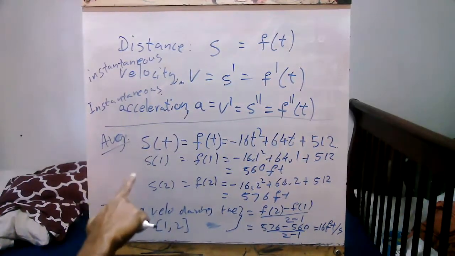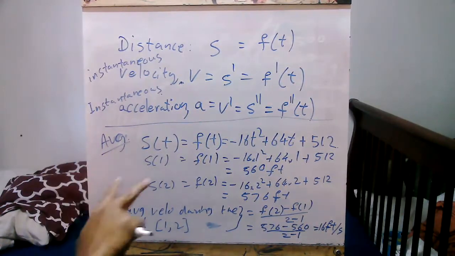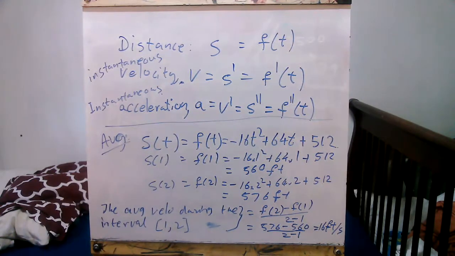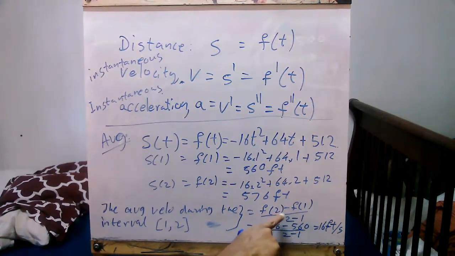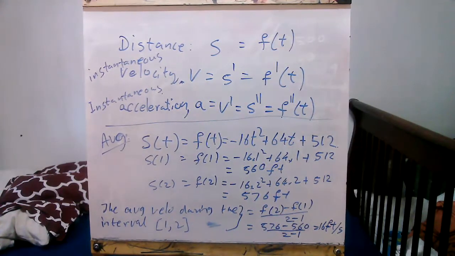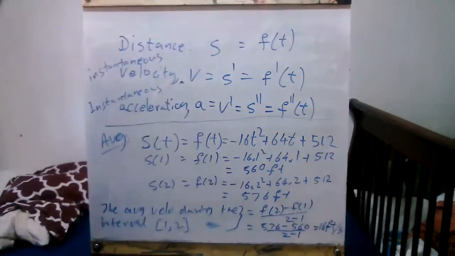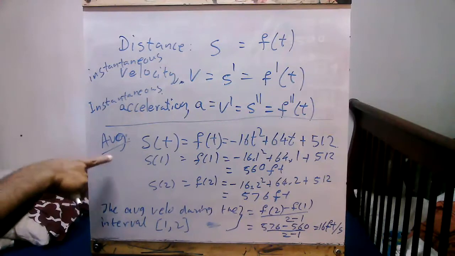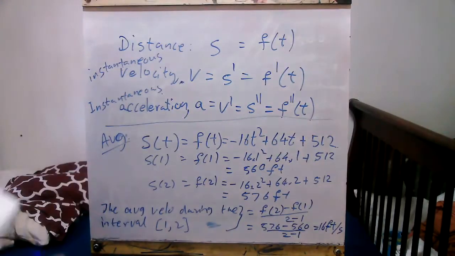The average means the average between two instances: you get the difference between those velocities, divide by the time interval. There you get the average, right? Notice the difference, instantaneous and average.